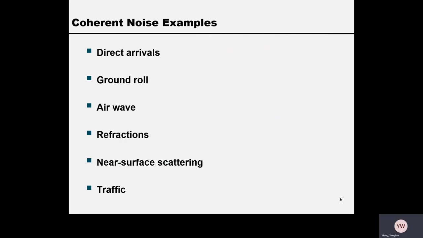Traffic is another one: if we have a seismic line next to a train line, the train track may have regular sources. So we do have a coherent source generating waves, but this is not what you want. You want to get around that. So that's noise.